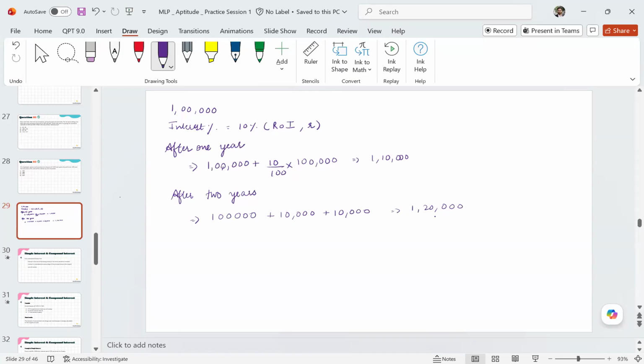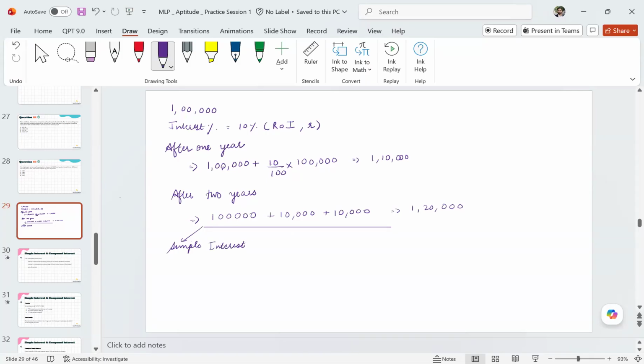I'm like, how? I calculated the interest in the way you told me, 10% per year, right? Yes or no? So logically, this is correct. And this way of calculating interest, in my way, is called simple interest.